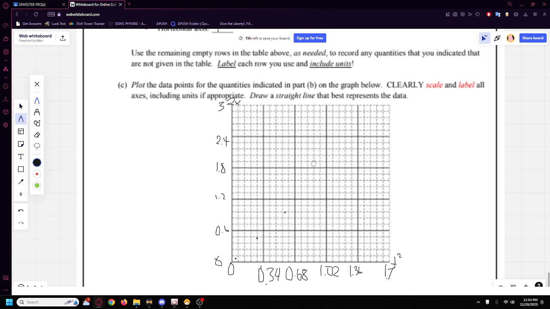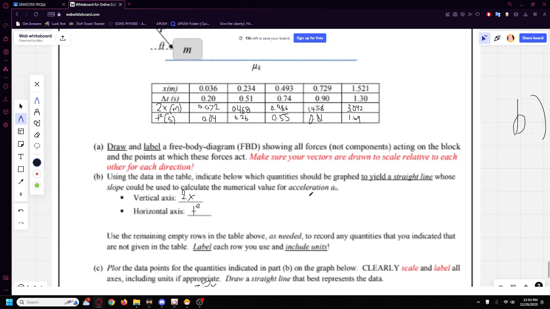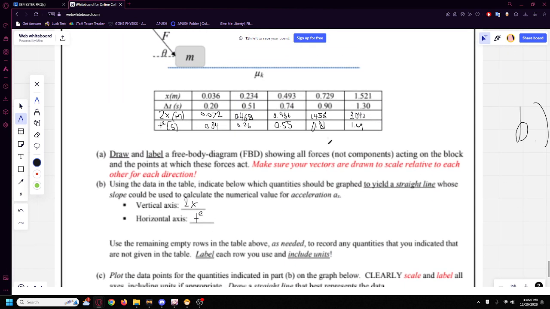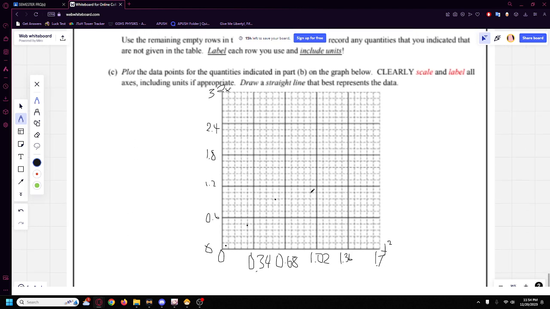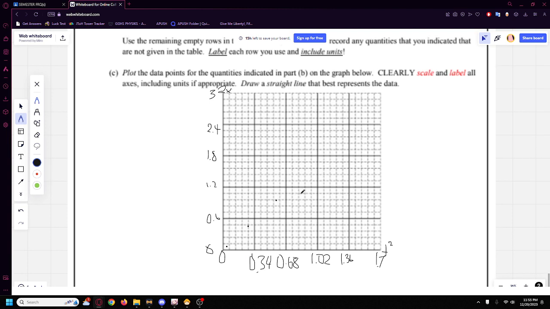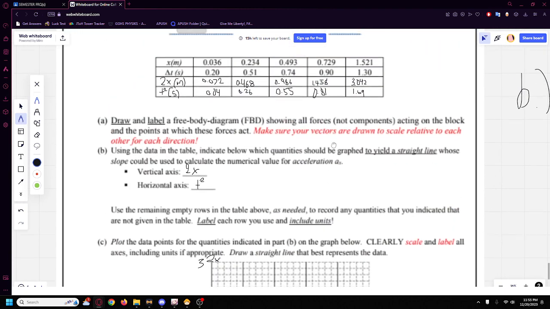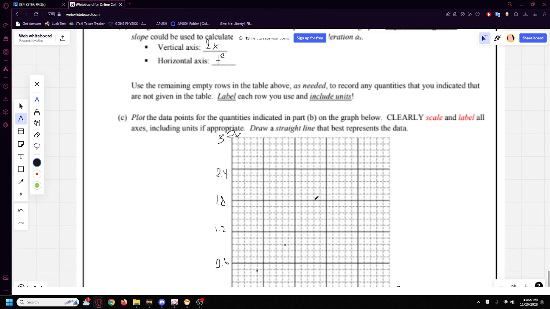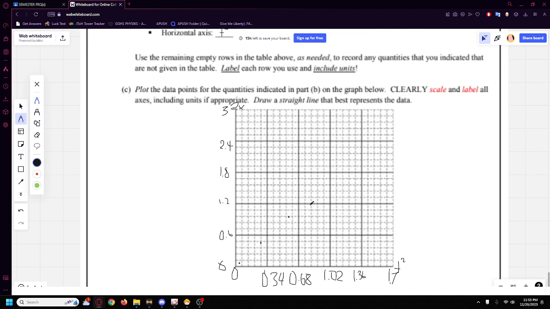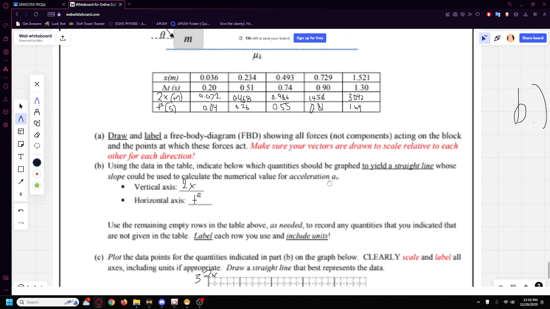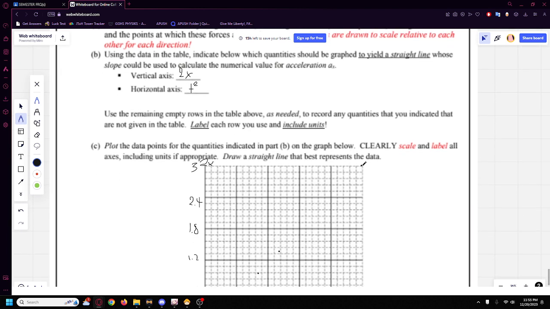It's about here. 0.81, because it's around here, and then the last spot is here.